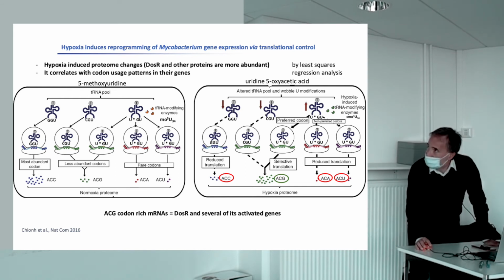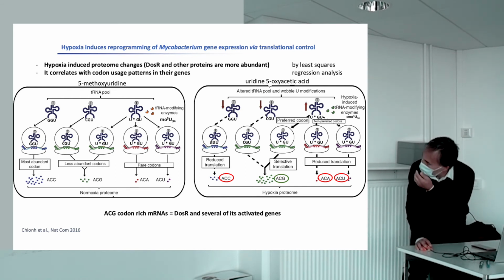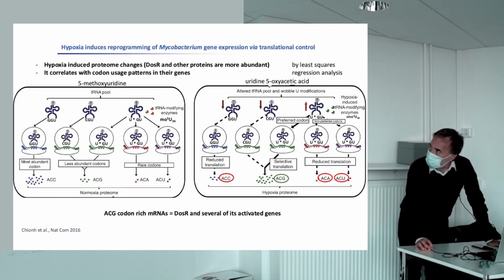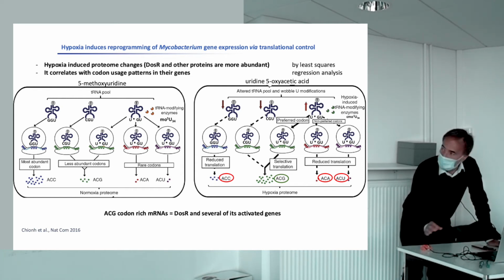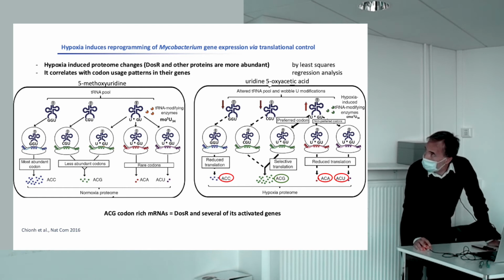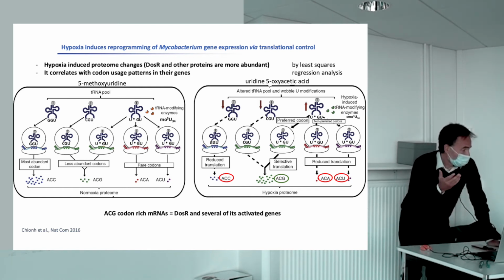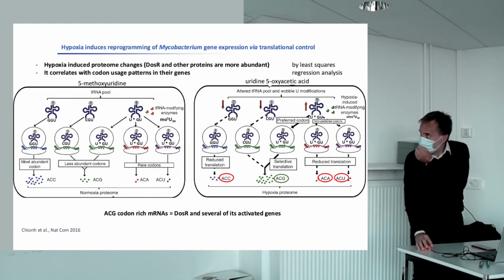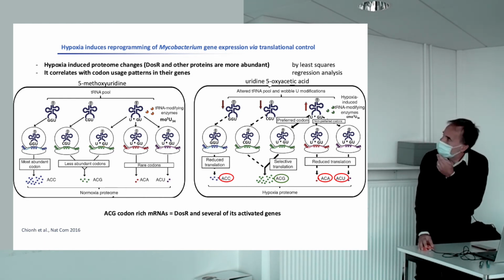But now let's see when we start to be in hypoxia stress condition. In this case, we have different things. First thing, the level of the tRNA GGU and CGU decrease. So you have much less of this tRNA. The level of the UGU tRNA increases a lot. And then, on top of that, you change the modification, as we observed before.